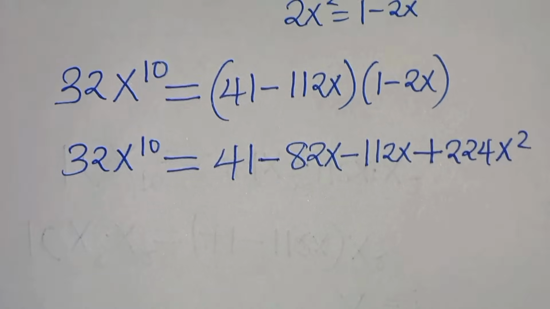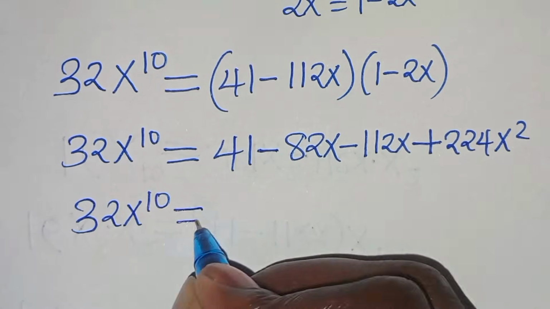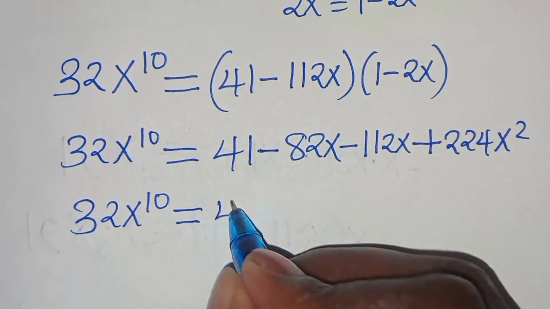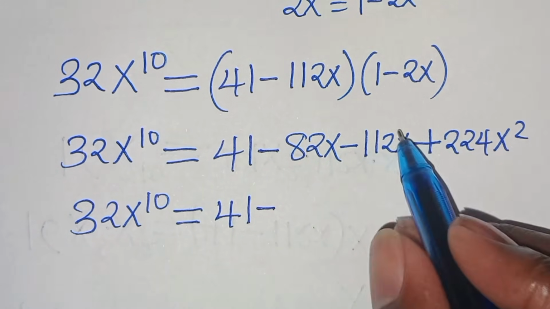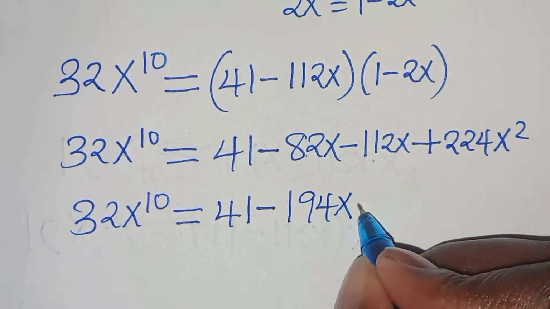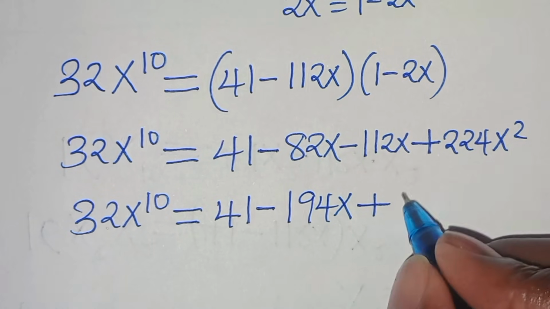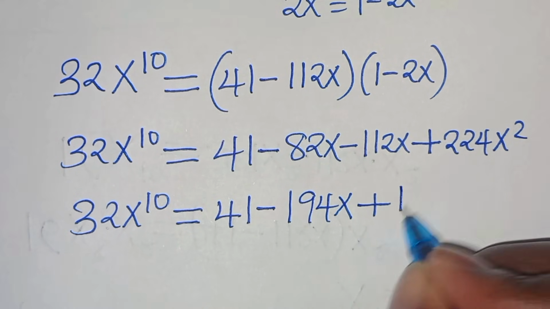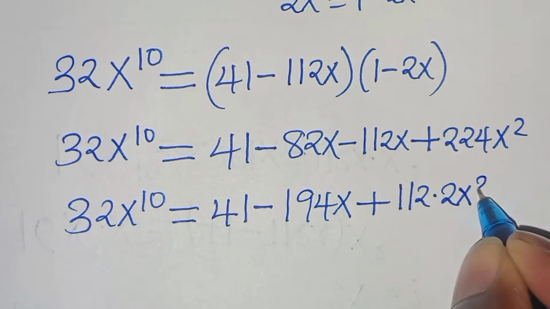So we have that 2x to the power of 10 is equal to 41 minus 82x minus 112x, this is minus 194x. Then plus, we can express 224x to the power of 2 as the same thing as 112 times 2x squared.